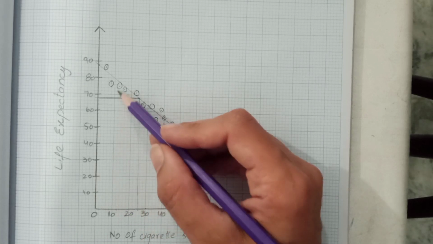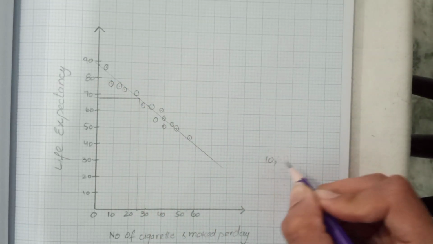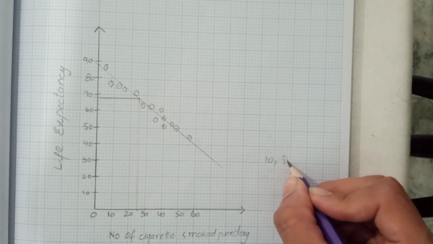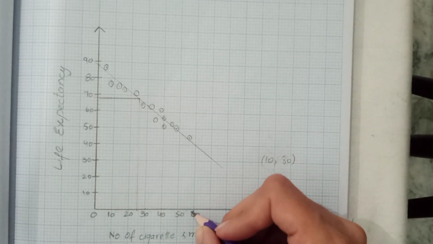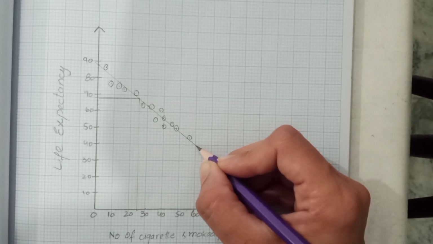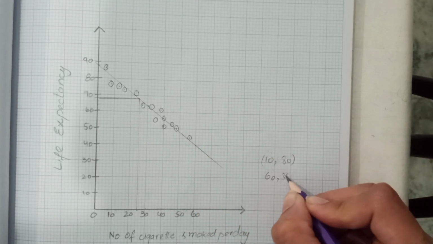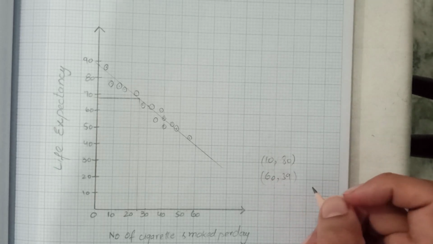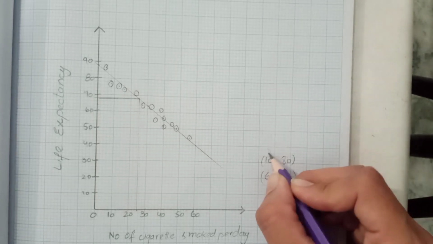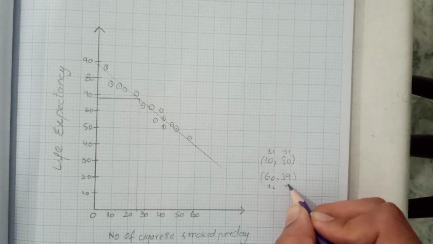First I take 10 on the x-axis and 80 on the y-axis. And the second one is 60 on the x-axis, approximately in the middle, and 39 on the y-axis. And that is x1, y1, x2 and y2.